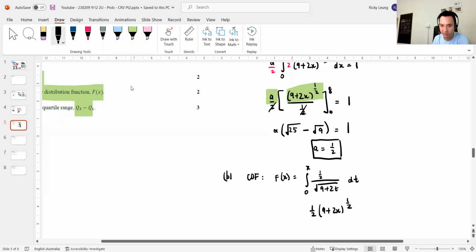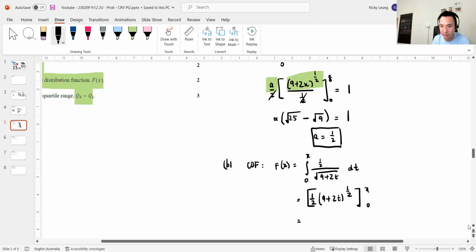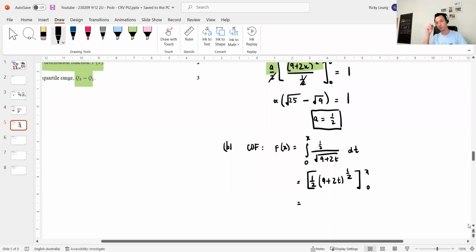Now I still got limits. Sorry, I should use t now, still got limits, t, and then x and 0. After I do this, I'm going to do it piecemeal with the 0 and the 1.